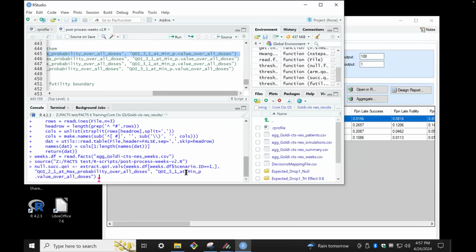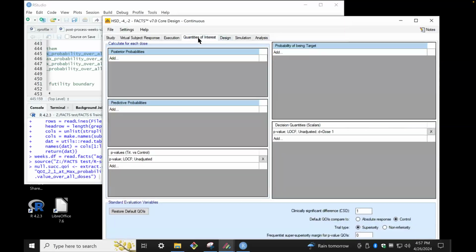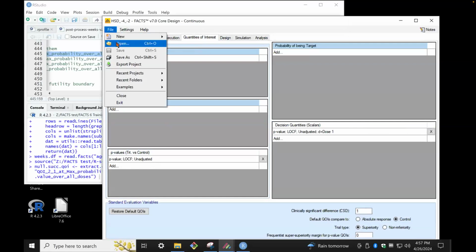So I tell it scenario one. I give it the name of the quantity of interest for my first predicted probability. And here's the name of the quantity of interest for the p-value. And we can see those if we open the quantity of interest file.